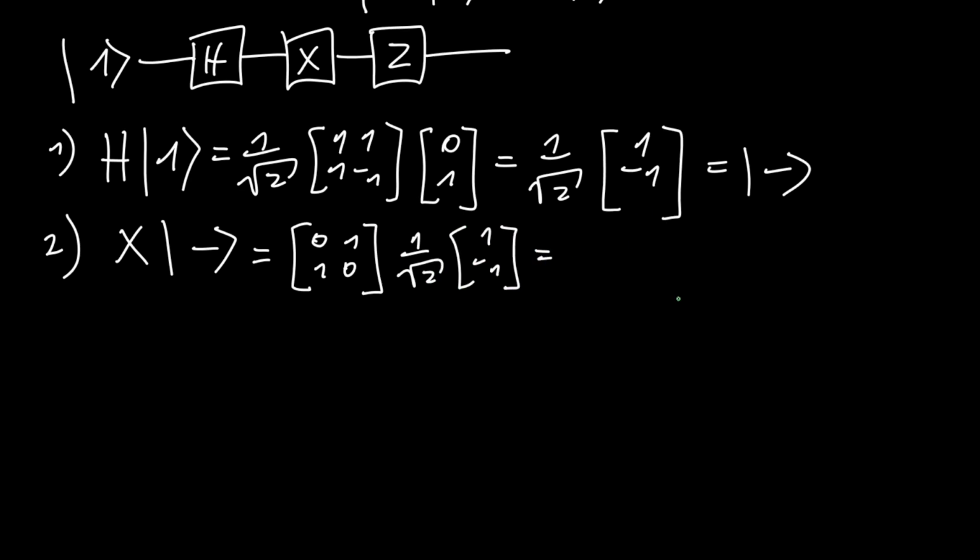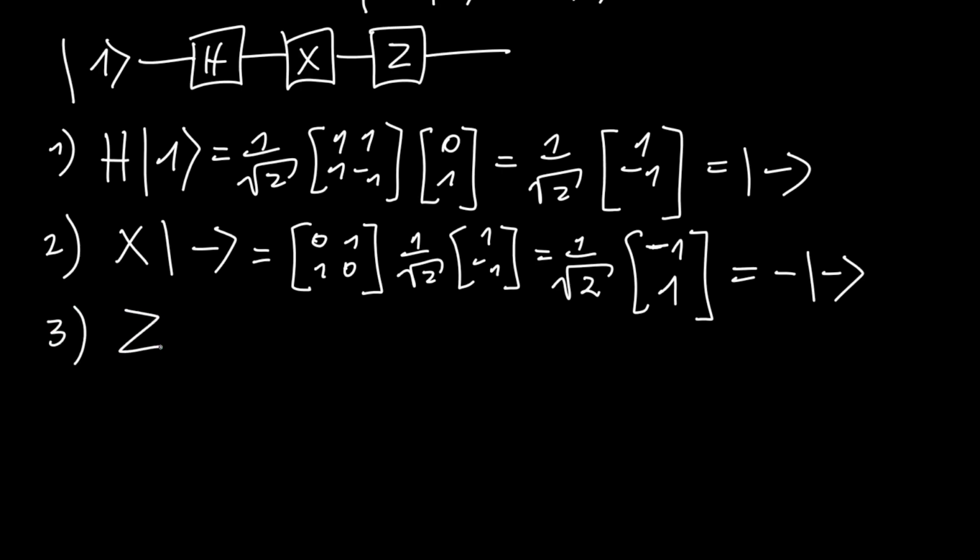So 1 over square root of 2 stays as a scalar. Then we multiply 0 by 1, 1 by minus 1, we get minus 1. 1 times 1, 0 times minus 1 is 1. So we just put the minus up. So it's basically the minus state.